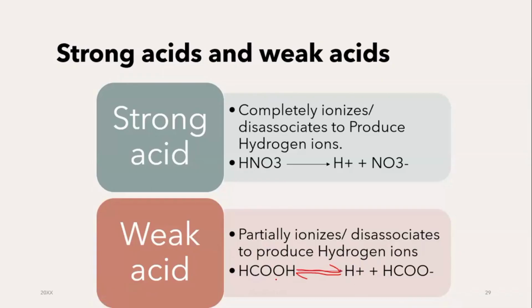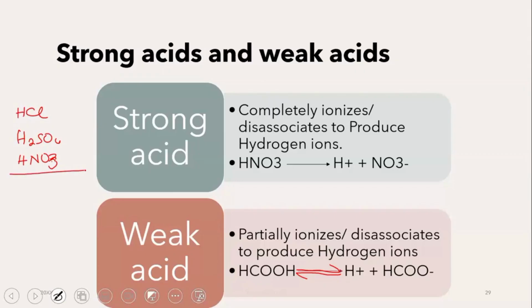So that's a weak acid. Now, the strong acids that you have in your syllabus are hydrochloric acid, HCl, obviously sulfuric acid, nitric acid. The list is actually a bit long, but these are some really common ones that I believe you are all going to be encountering.